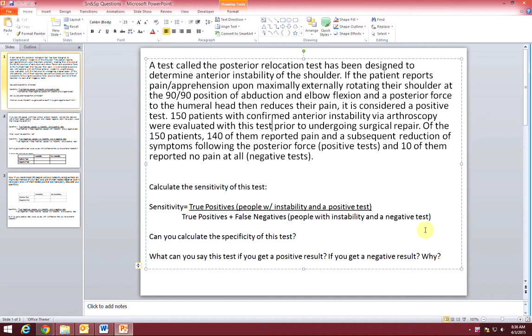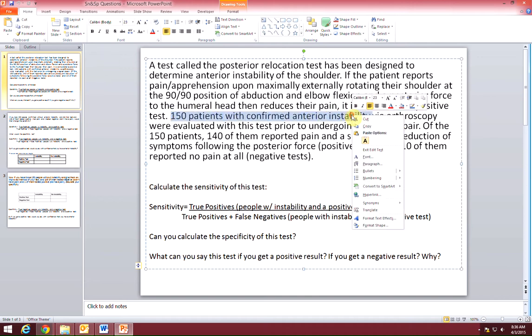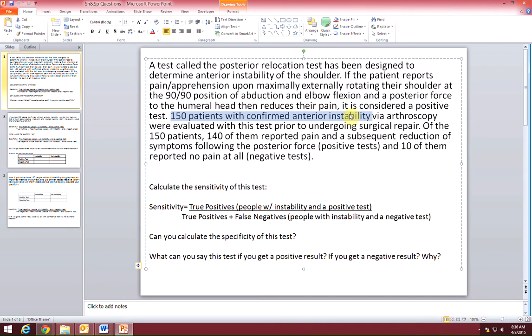Therefore, we can only look at sensitivity, because sensitivity is the ability to correctly identify those people who have the disease with a positive test. We can't calculate specificity because we're not looking at anybody who does not have the disease. We have 150 people here with confirmed anterior instability, so those are the true positives that we're hoping to get.